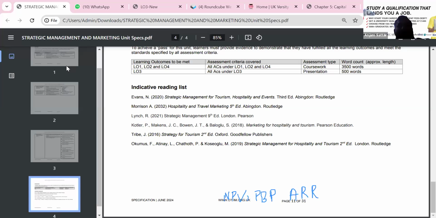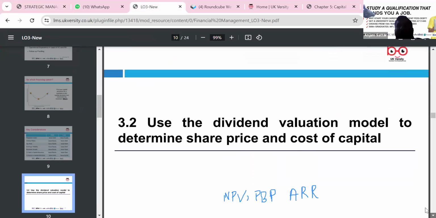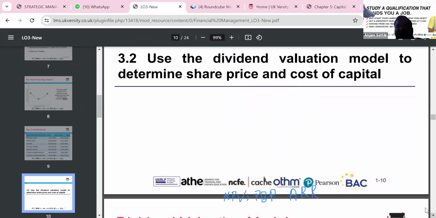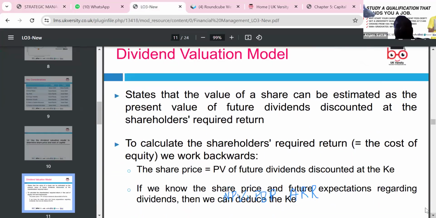Okay, so we can move to 3.2, which is to use the dividend valuation model to determine the share price and the cost of equity. The dividend valuation model states that the value of shares can be estimated as the present value of the future dividends discounted at the shareholders' required return.